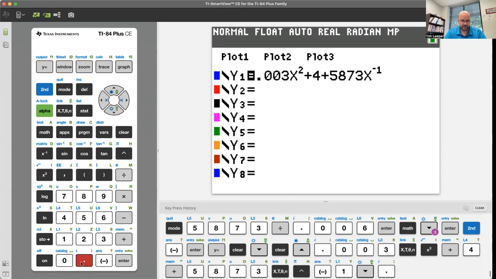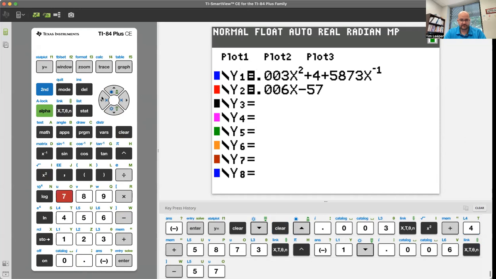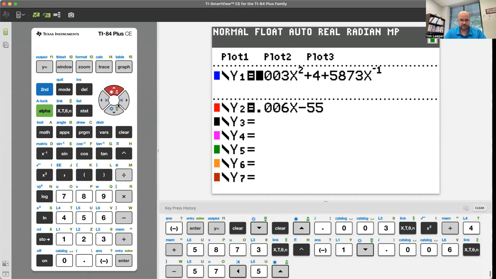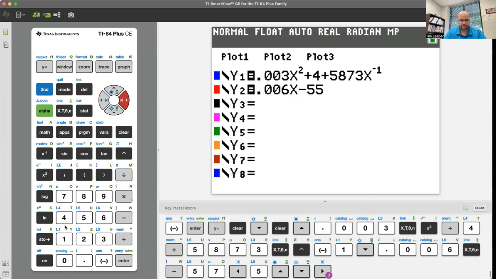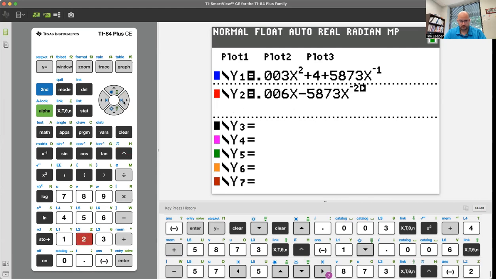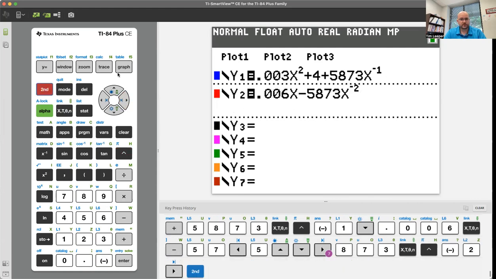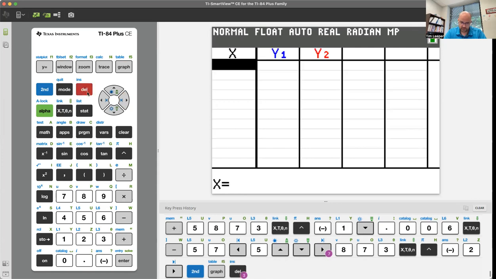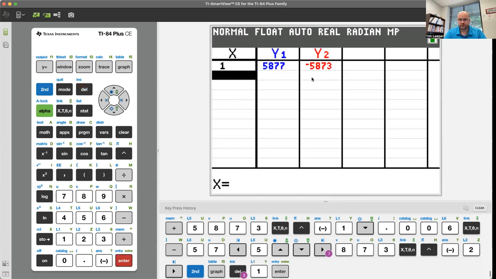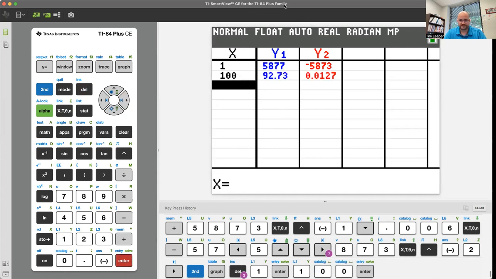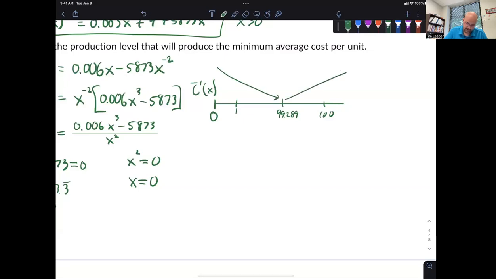For y2, we have 0.006 x minus 5873, and then x to the negative 2. Good. Going to the table here, at 1 the derivative is negative, and at 100 the derivative is positive. Good. The cost is going down, followed by up.